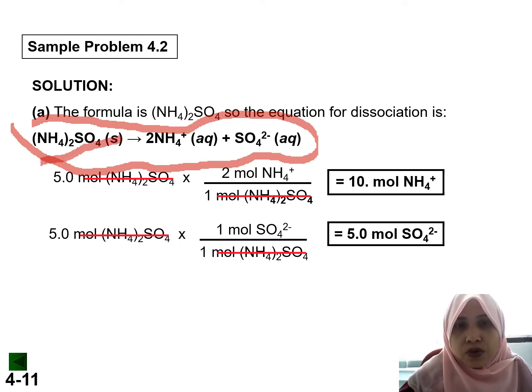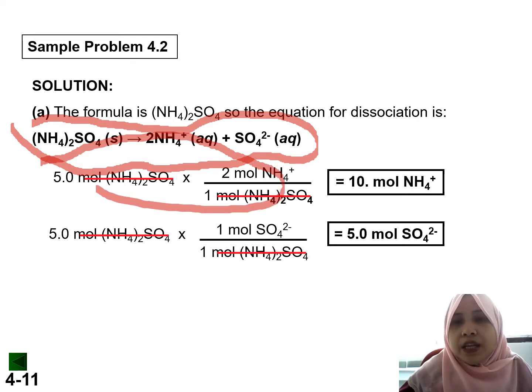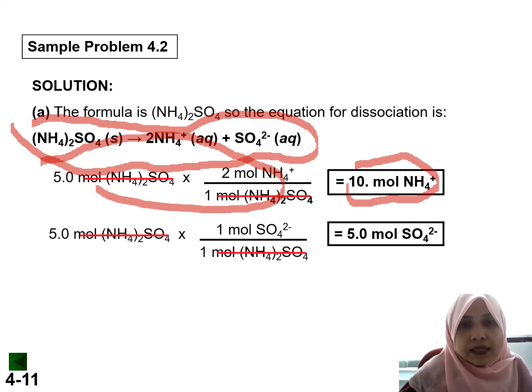So you solve this equation, then you will get the mole for ammonium. Next, same, from this equation for dissociation, we can see that 1 mole of sulfate is produced from 1 mole of ammonium sulfate.